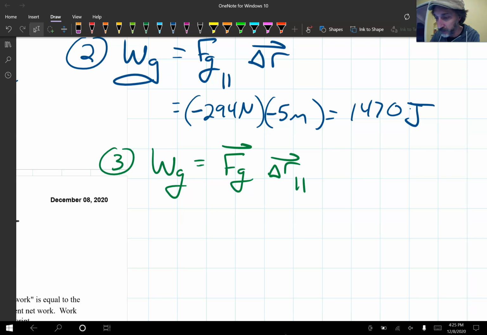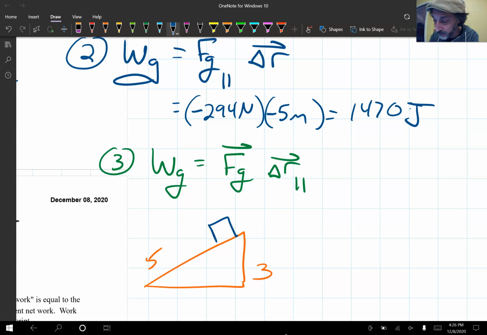All right, so let's go back and look at our original setup. So here's my ramp, 5 meters long, 3 meters tall. Here's my block. Force of gravity is 490 newtons down. So check it out.